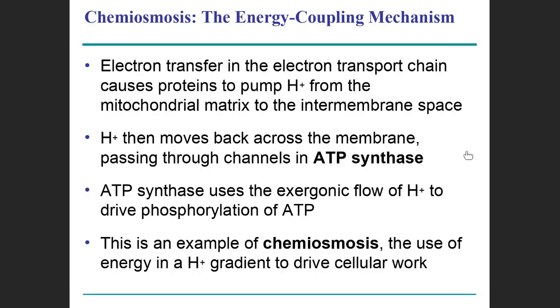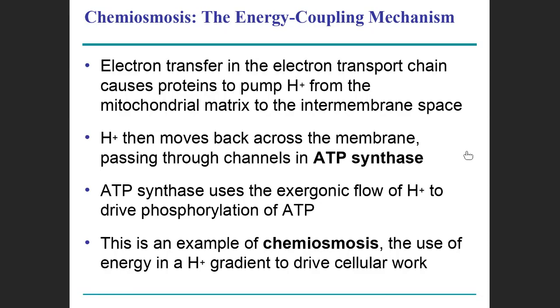So the whole purpose of collecting all those electrons, the whole purpose of making all the NADH and FADH2, is so the NADH and FADH2 can donate those electrons to the electron transport chain.